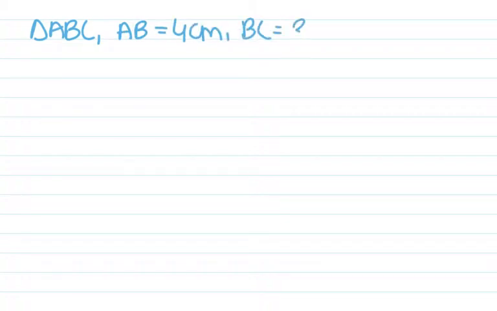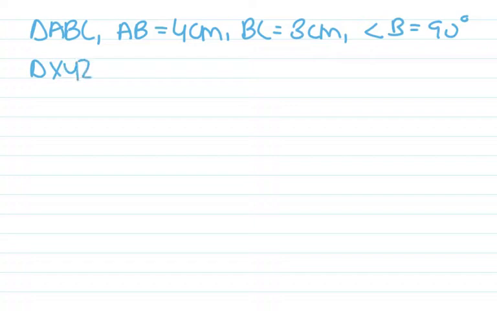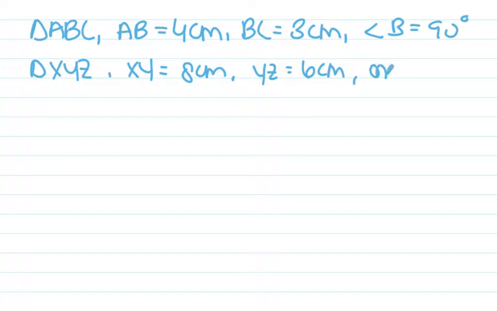So if triangle ABC has the following properties: AB equals 4 centimeters, BC equals 3 centimeters, and angle B equals 90 degrees, and triangle XYZ has side length XY equals 8 centimeters, YZ equals 6 centimeters, and one angle is 90 degrees.